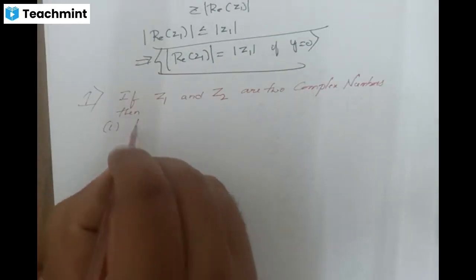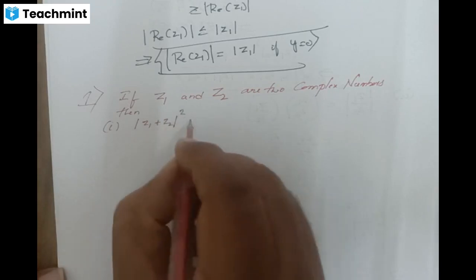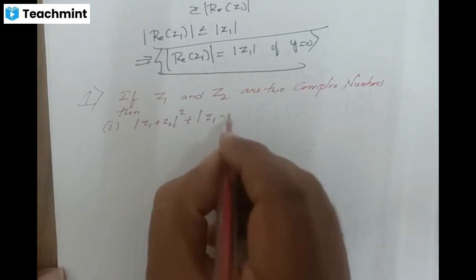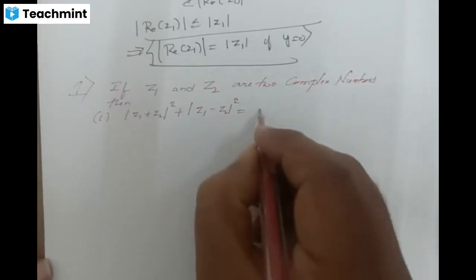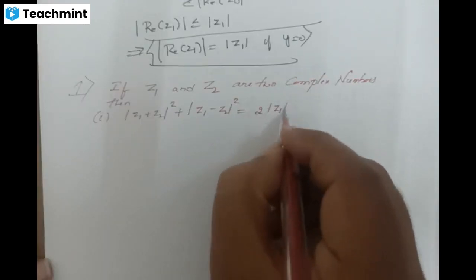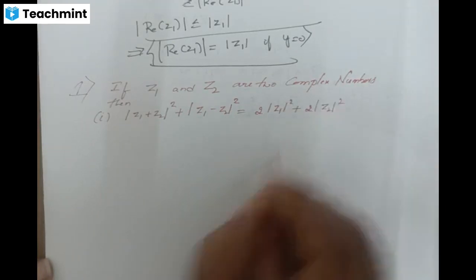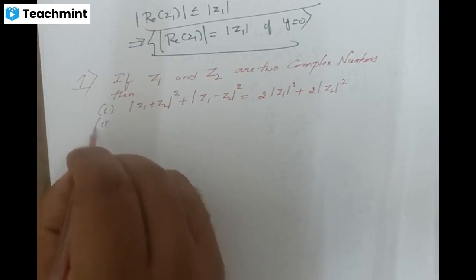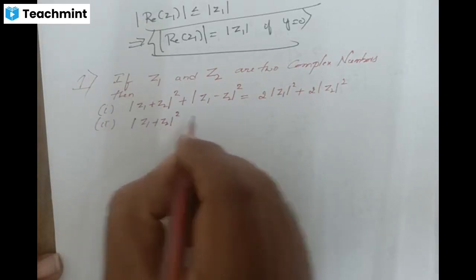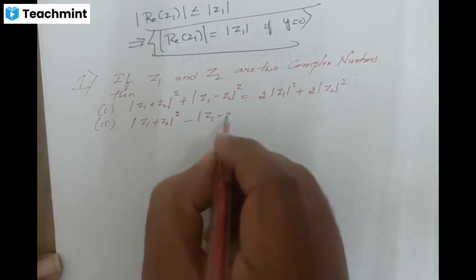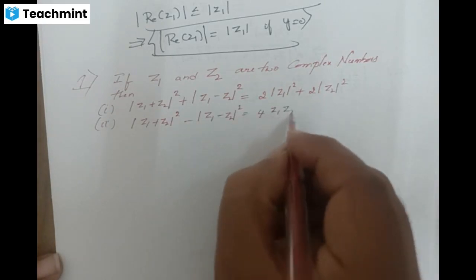First one: modulus of Z1 plus Z2 whole square plus modulus of Z1 minus Z2 whole square is equal to 2 times mod Z1 whole square plus 2 times mod Z2 whole square. The second one: mod Z1 plus Z2 whole square minus mod Z1 minus Z2 whole square is equal to 4 times Z1 Z2.